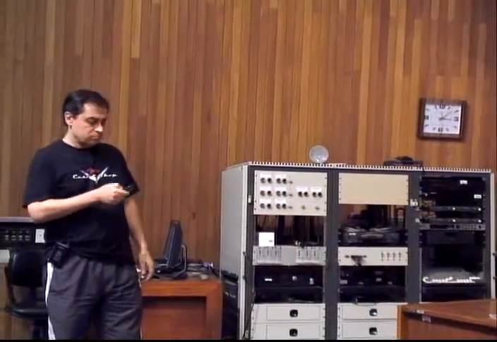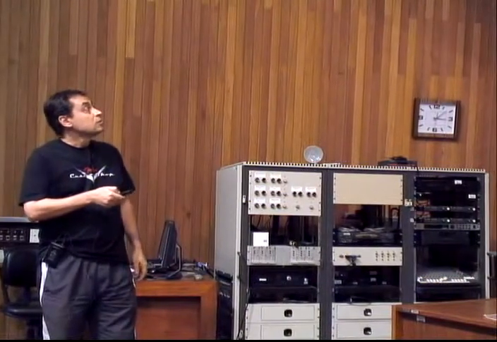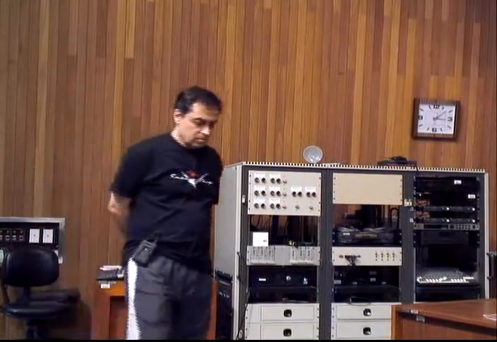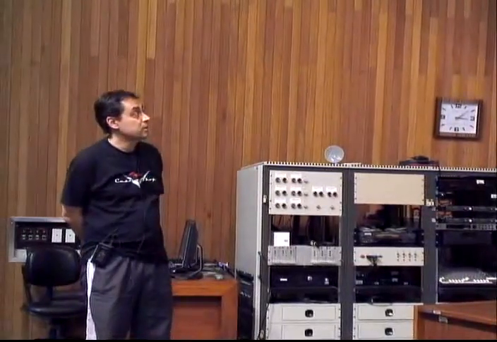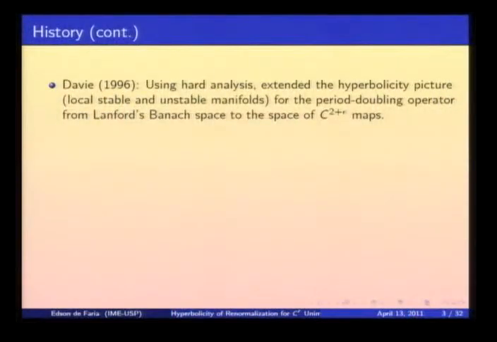Now, let's see. So the first major tour de force in this area after Lanford's work was done by Davie, this analyst from England. He used some very complicated methods from nonlinear functional analysis to extend Lanford's results, namely the hyperbolicity of this fixed point in this tiny Banach space that he had, to a much larger space of maps, C^{2+ε} maps.